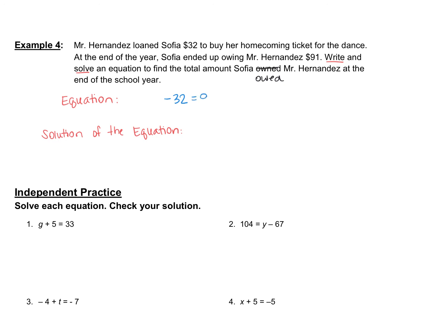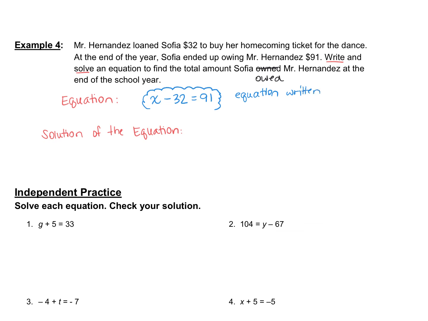I think that this is a little bit wrong. I think that she had already owed him $91. Now she's got to owe another $32. So we're just trying to solve for whatever that missing value is that brings the total amount to what she owes by the end of the year. So there is a little bit of a wording issue here. I do apologize.